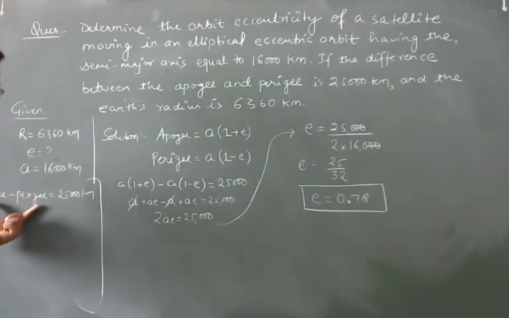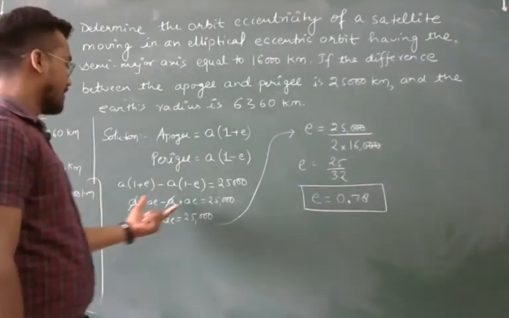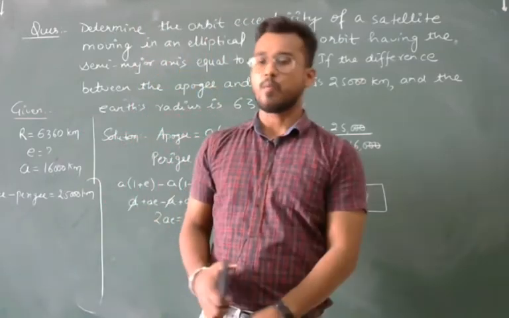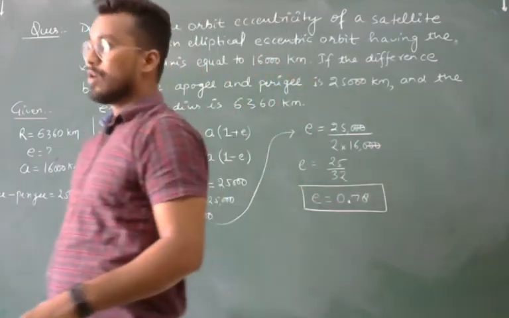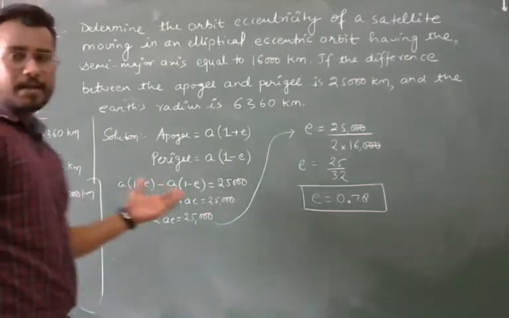So the difference of these two is given as 25,000 kilometer, and while solving we get the value of E to be 0.78.